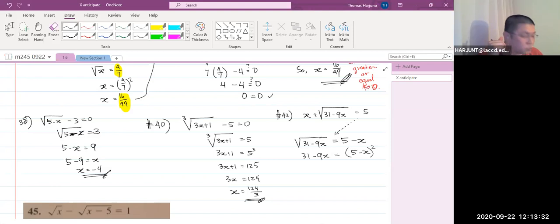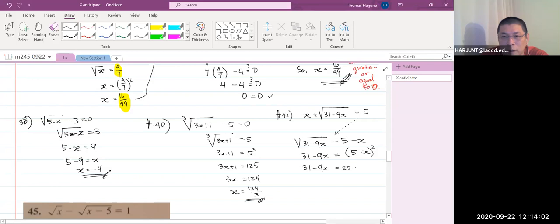Moreover, notice that the other side of the radical is not a positive constant. It's not even a constant, it has variables. So we know once we square both sides and solve this, I need to check whatever the final answer I have later on. Make sure you check because the other side is not a positive constant.